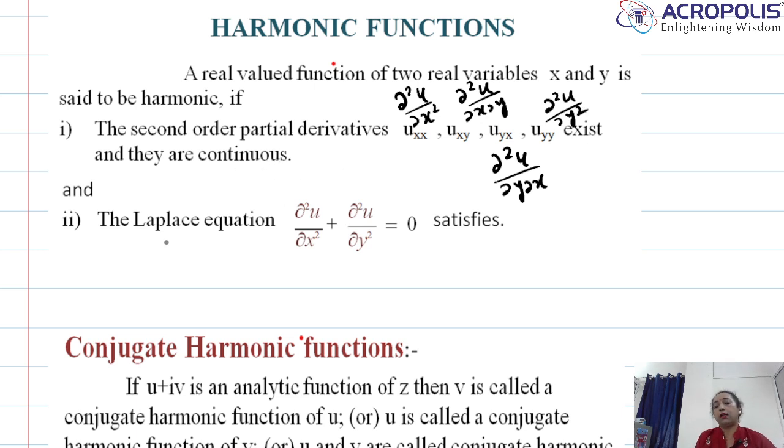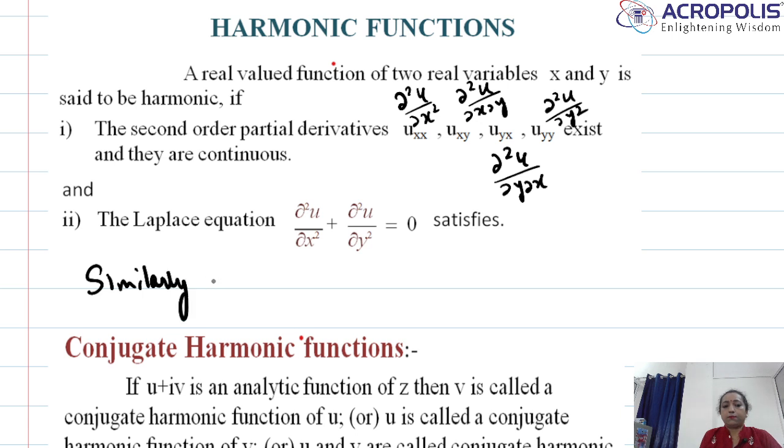And the second condition is this: the function should satisfy the Laplace differential equation, that is del 2u by del x square plus del 2u by del y square is equal to 0. Then we say that u is a harmonic function.